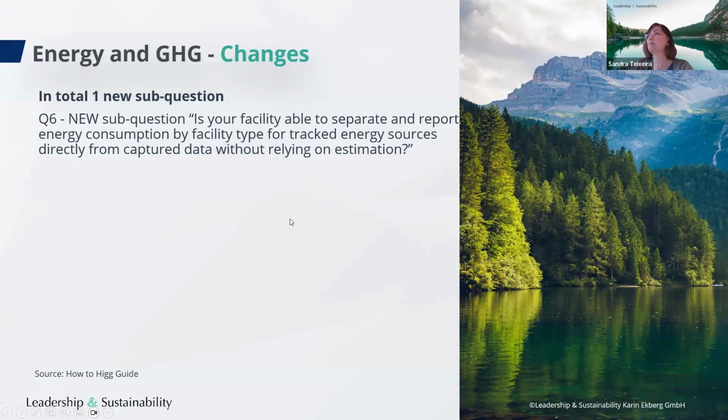Is your facility able to separate and report energy consumption by facility type for tracked energy sources directly from captured data without relying on estimation? The intent of this question is for facilities to indicate whether their reporting of energy use split across the different facility types is based on estimations or based on direct measurement of energy sources at each applicable facility type.